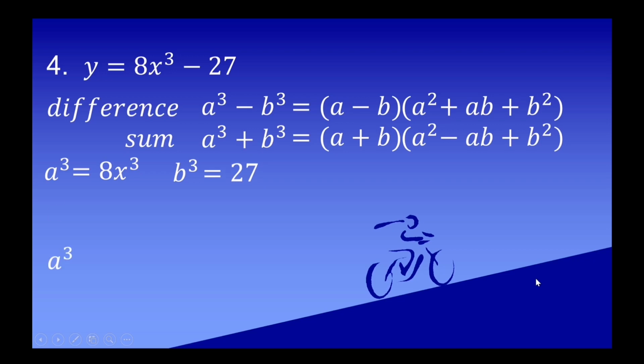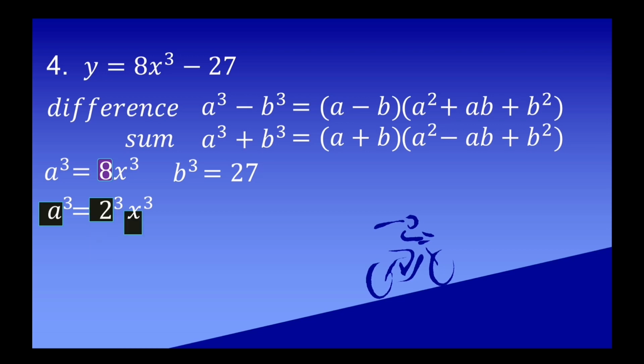So for number 4, our a cubed here is 8x cubed. Our b cubed is equal to 27. Again, the same procedure, applying the exponential form. 8 can be written as 2 cubed, then copy x cubed. So we have the same exponent, so take it down.